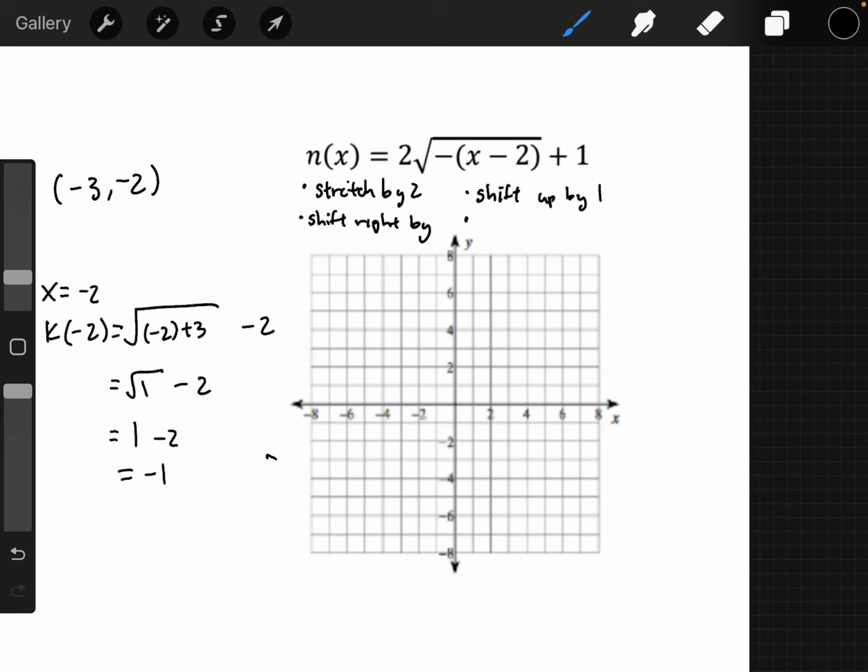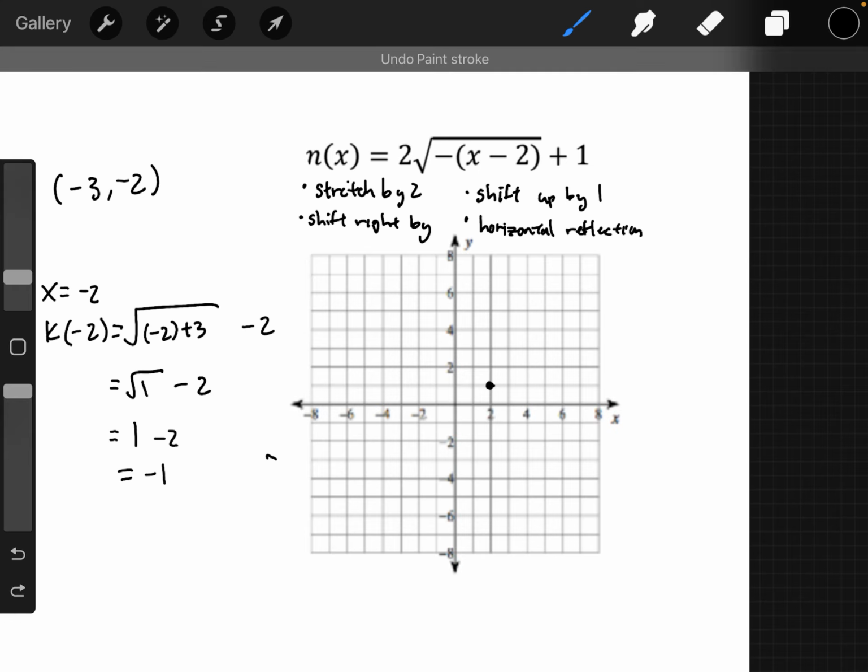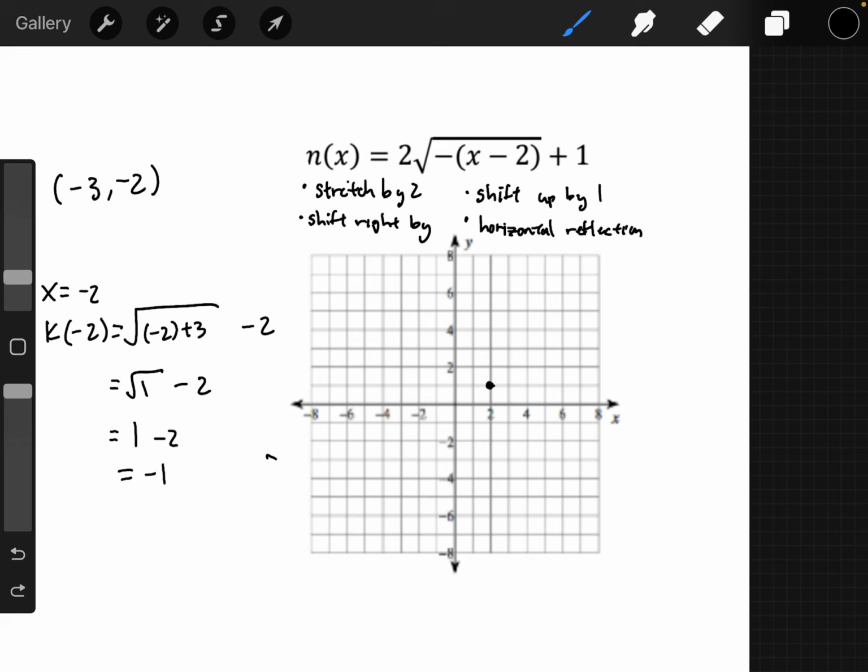And there's going to be a horizontal reflection. So our starting point is at 2, 1. We see here 2 and 1.